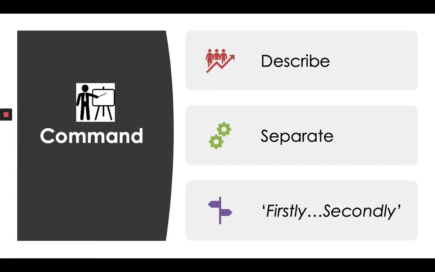Thirdly, the really important way to make it easier for you and the examiner is to signpost. Firstly and secondly, every time, and therefore you'll be signposting your 2 separate points.